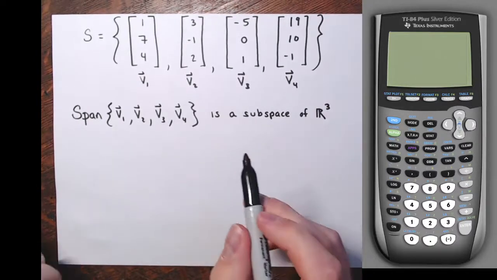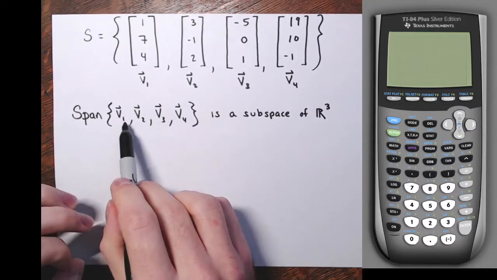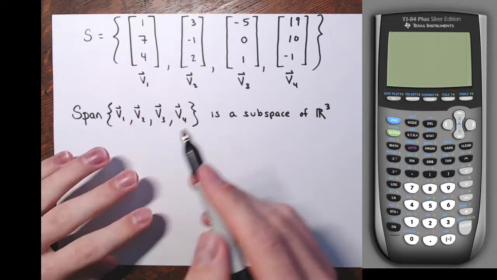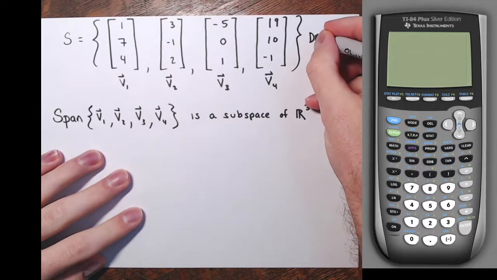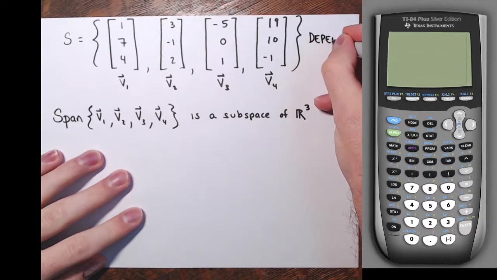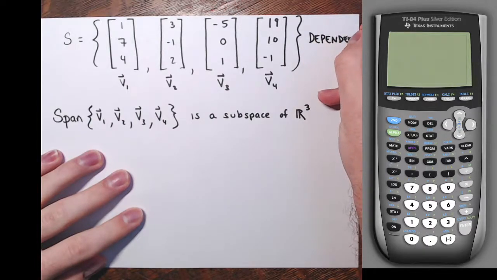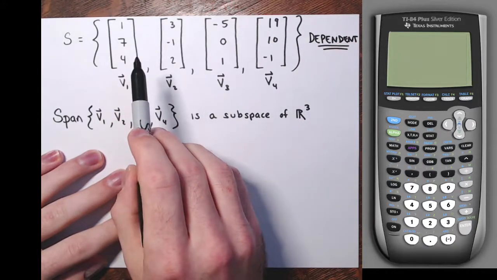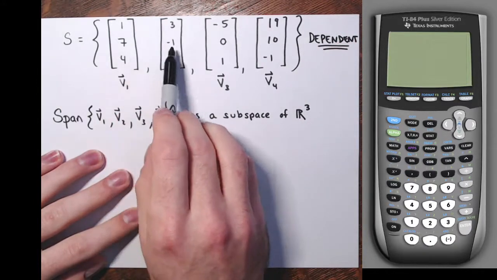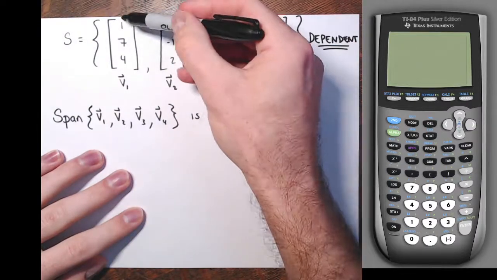But these vectors, v1 through v4, are dependent. This is a dependent set, and you can tell very quickly because of that statement made earlier. See how there are more vectors than there are components.